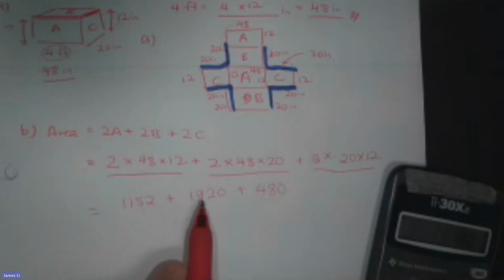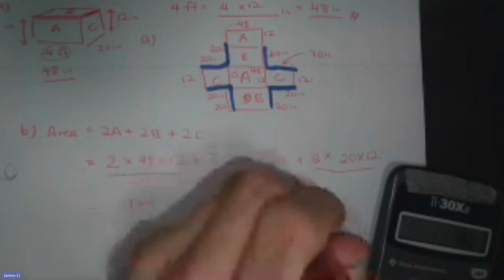This plus this plus this equals to how much? 1152 plus 1920 plus 480, you will get 3552 inches square. And that is the surface area of the wagon, inside and outside. There you go.